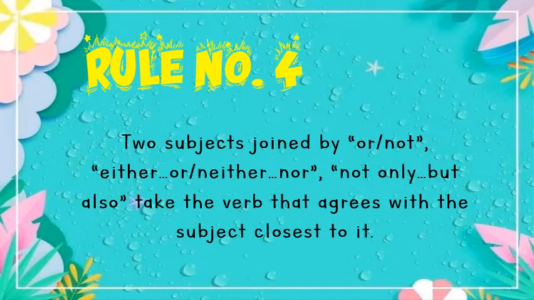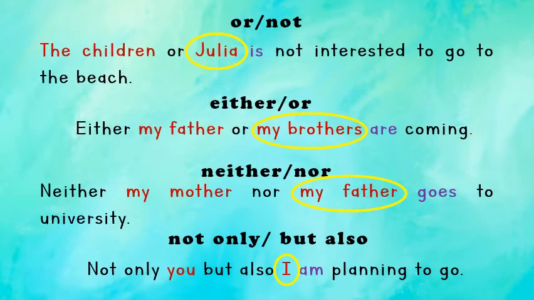Rule number 4. Two subjects joined by or, nor, either...or, neither...nor, not only...but also. Take the verb that agrees with the subject closest to it. Okay, let's look at the example.